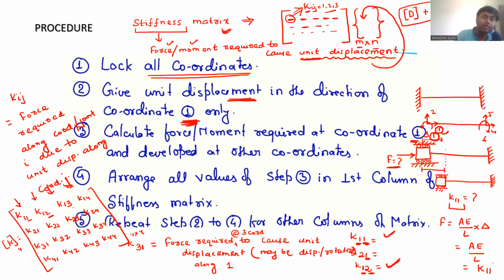Similarly, the third one is unit displacement along coordinate 3, and you need to ascertain forces for all other coordinates, 1, 2, 3, 4 directions. Next. So I hope all those procedures are clear.